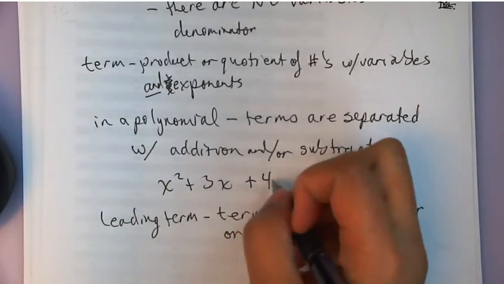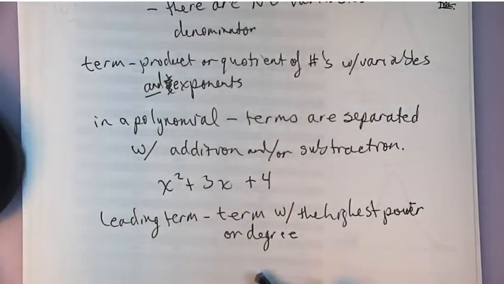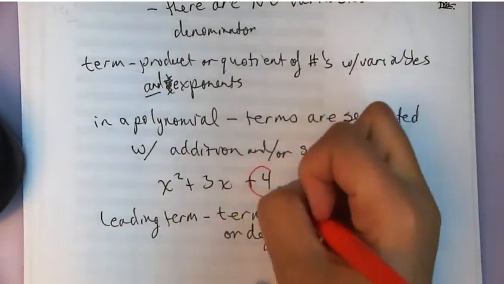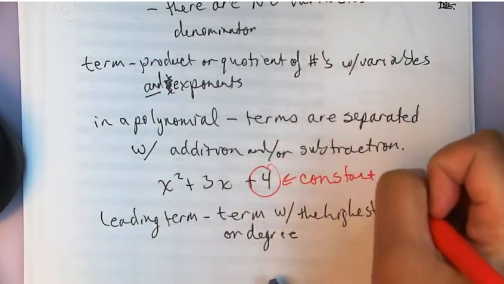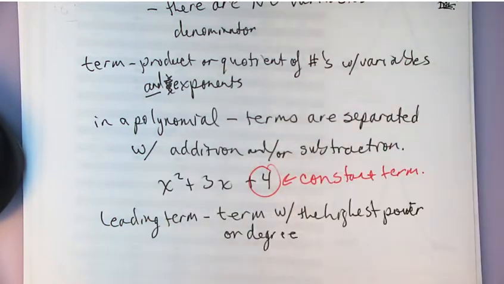This 4 right here, we call this a constant term. I feel like we've talked about this at the beginning of the semester, but just want to reiterate what it is. That is our constant term.